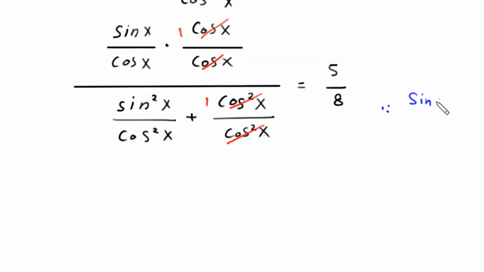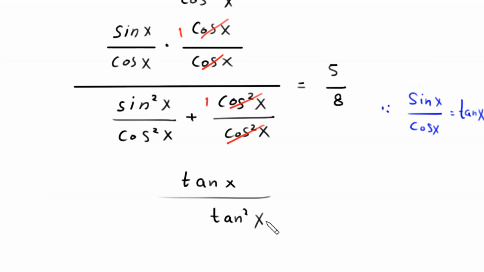Since sin of x over cos of x equal to tan of x, this sin of x over cos of x will become tan of x, divided by this sin squared of x over cos squared of x, which will become tan squared of x, plus this 1, equal to 5 over 8.